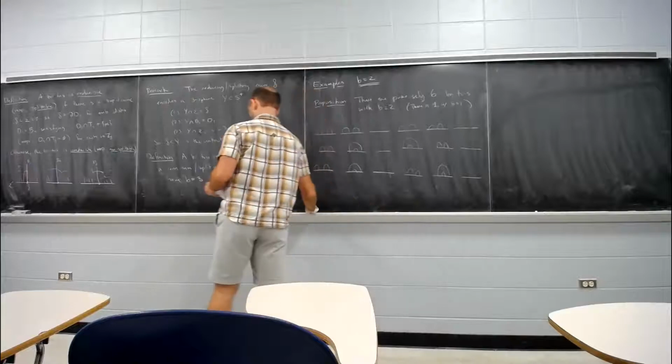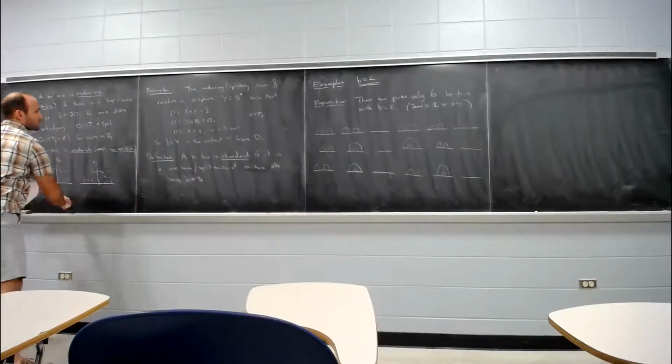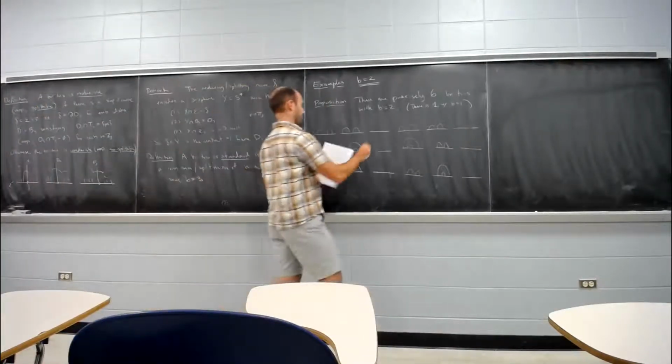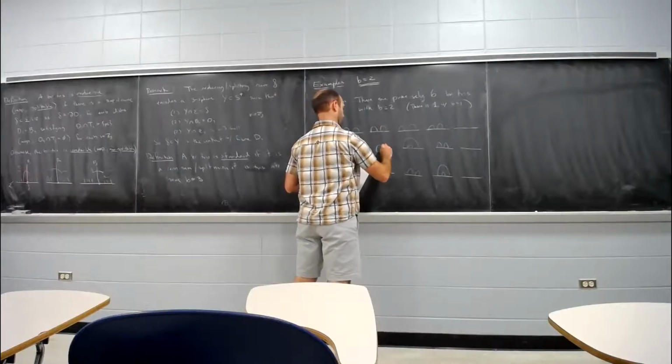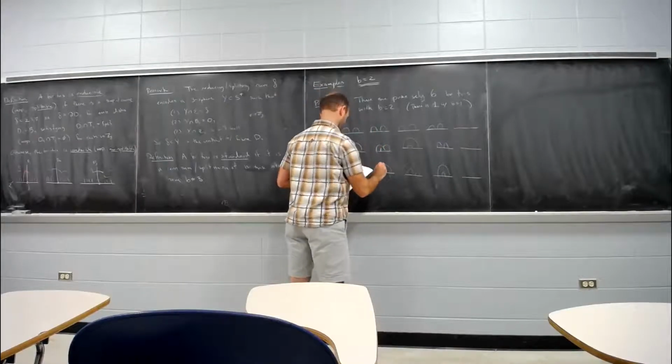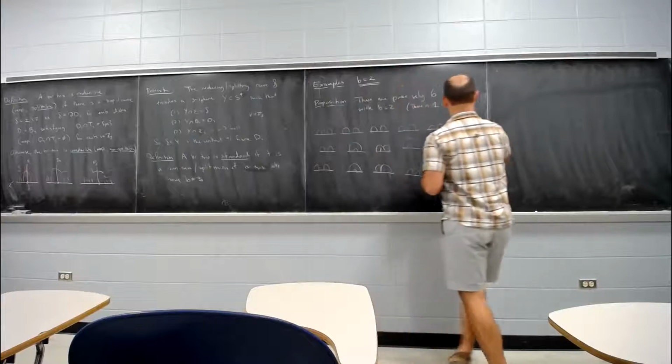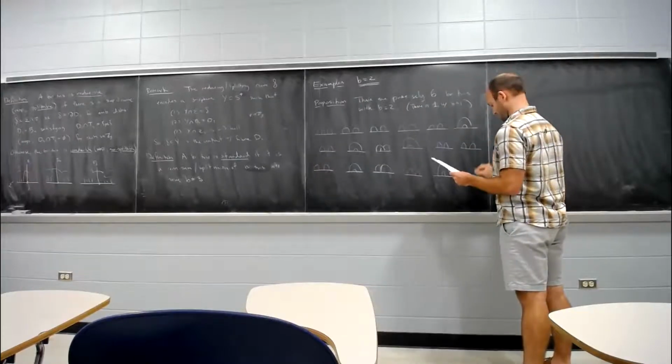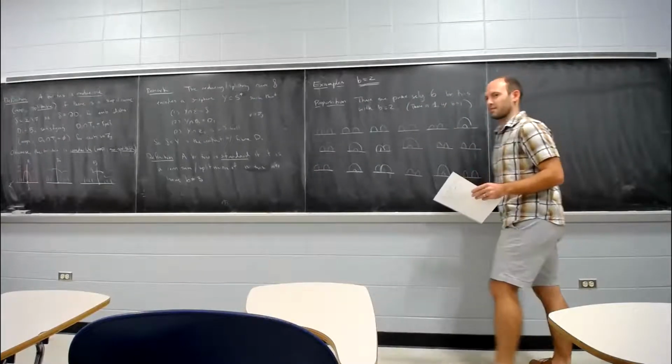From what I've drawn so far, you can figure out what C1 is, and then the last pictures are going to look like this. And then over here we have this. This will be fun for you guys to copy down.